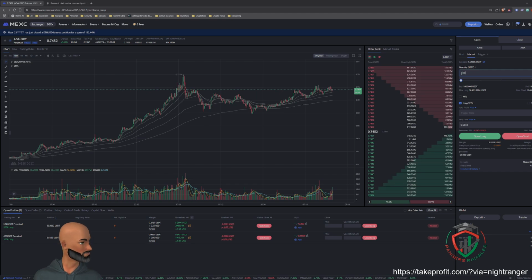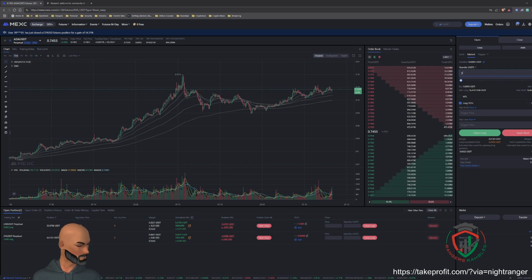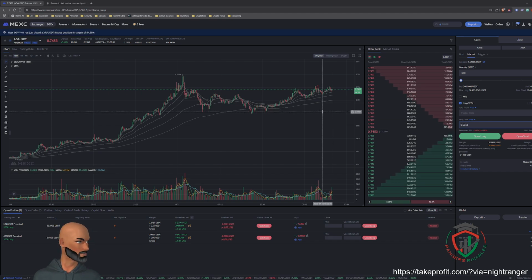I was just trying to think. See, if I remove the stop loss and I was just to go like that, see, and now $300 at 6943. That's a $20 loss right there.